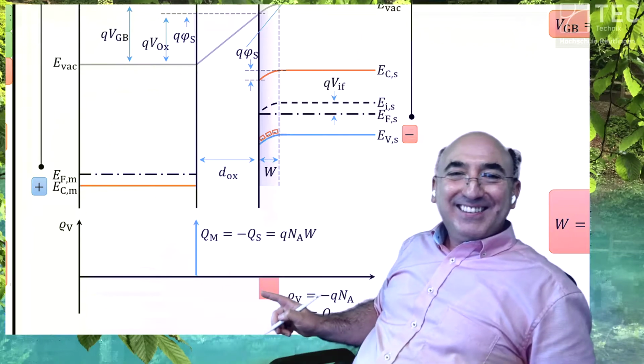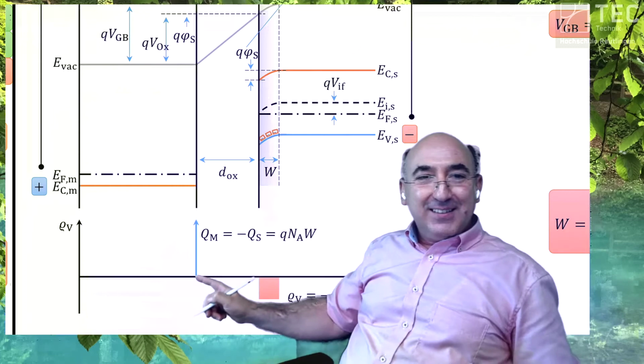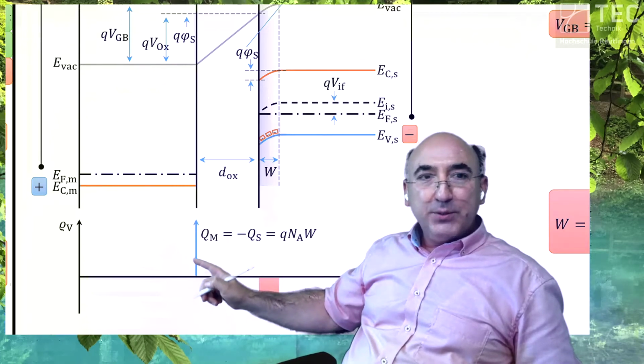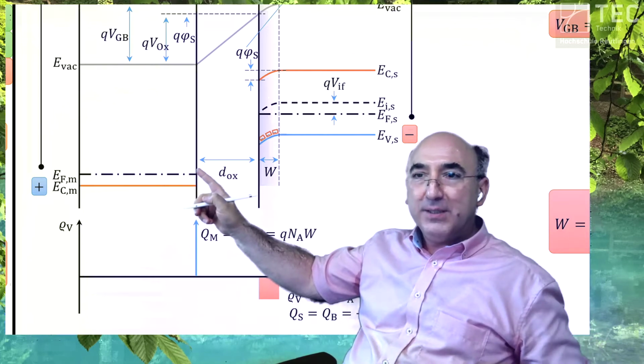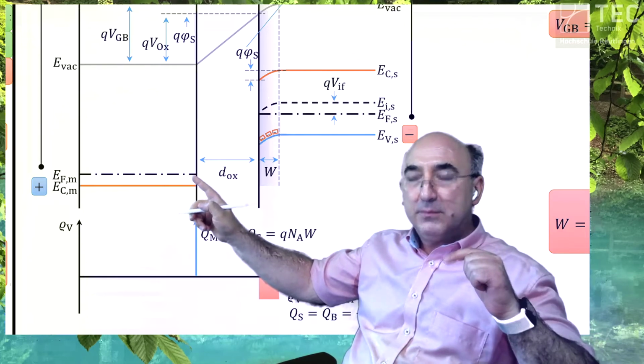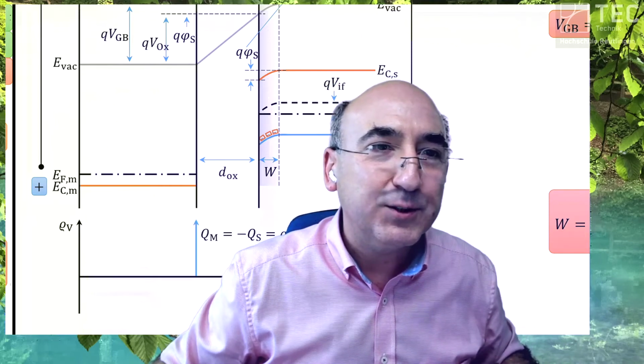Here you have then the charge in the semiconductor, and the corresponding positive charge is assumed to be in an infinite layer in the metal. Okay, now I can reduce my size.